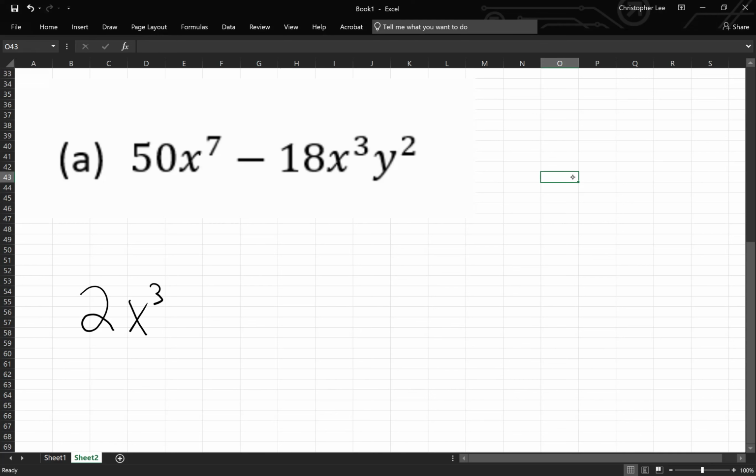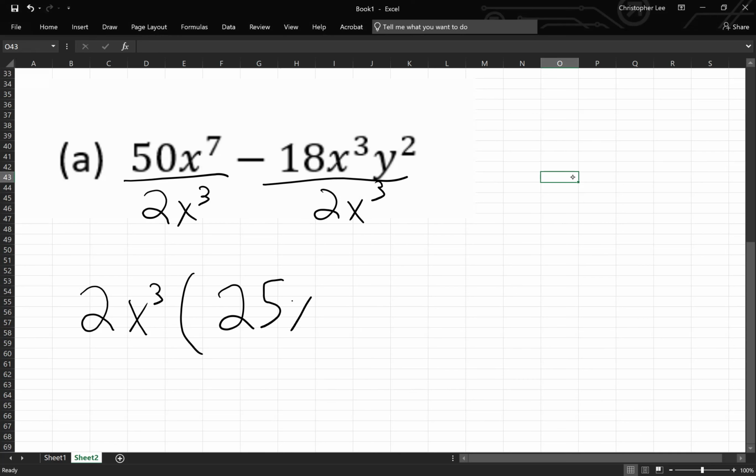And then you're dividing each one by 2x to the third. So what's left over? Very good. 9y squared. Very good. Any questions on how we did that? Or is that clear?